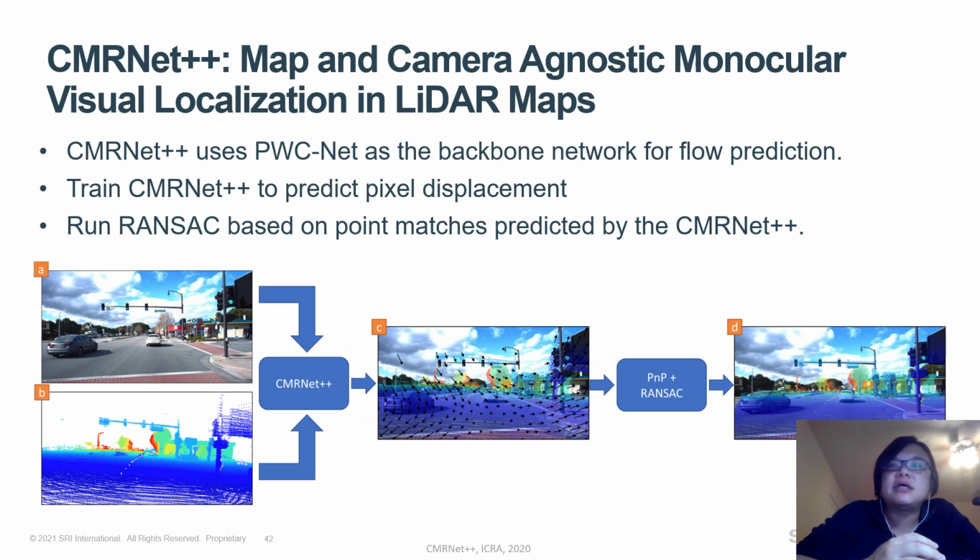However, instead of training to predict the 6 degree of freedom 3D pose directly, they train the network to predict the pixel displacement between the RGB image and the projected depth map. Then they apply RANSAC on the point matches predicted from CMRNet++. In this approach, they show they can improve the results compared to their previous work.